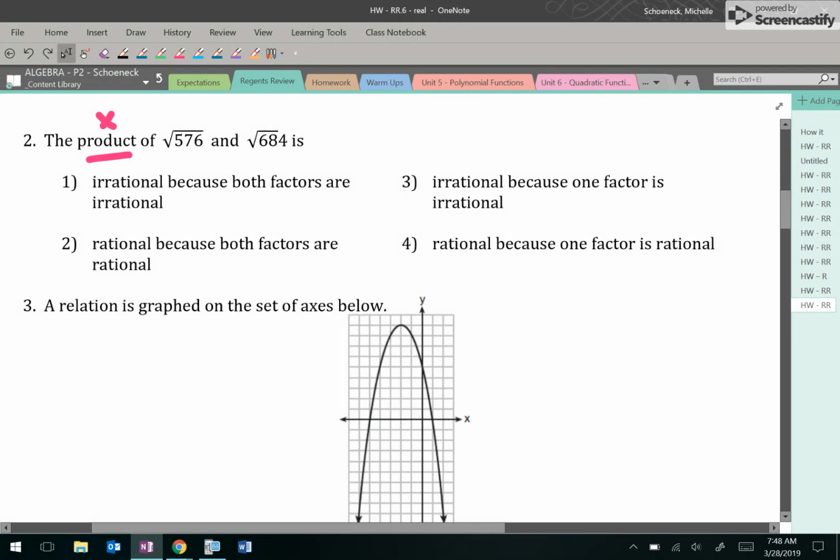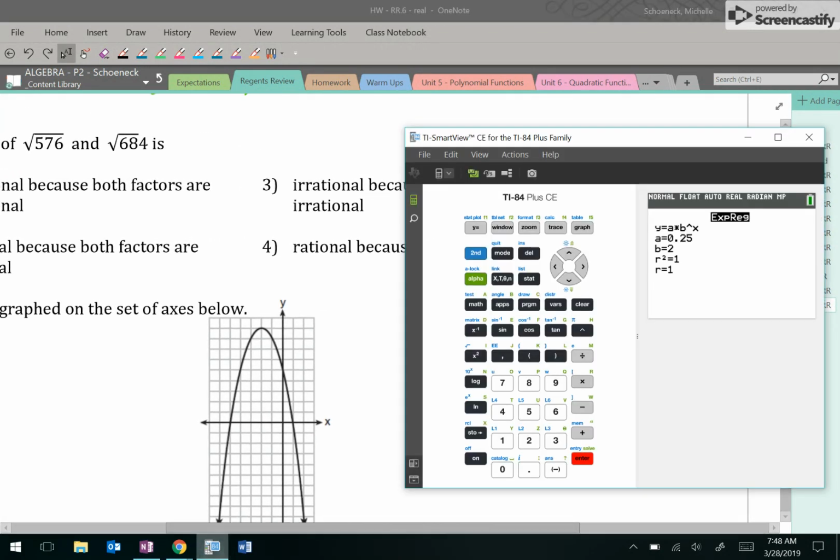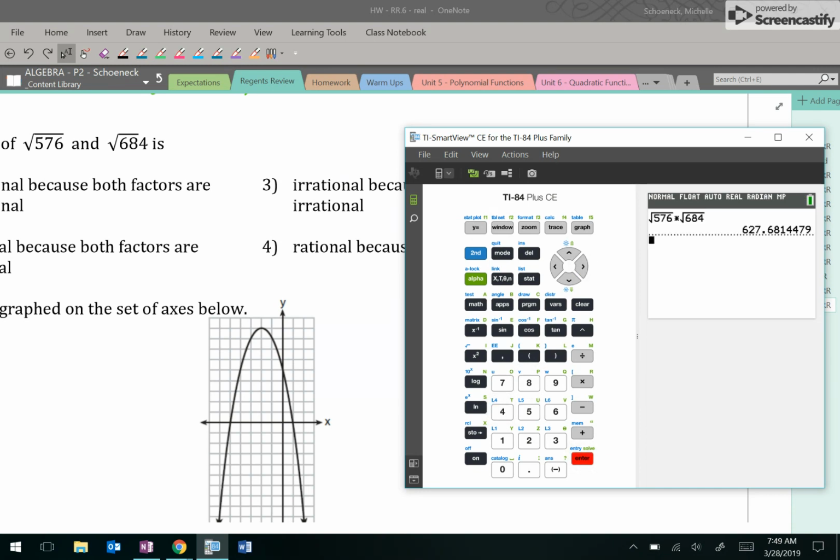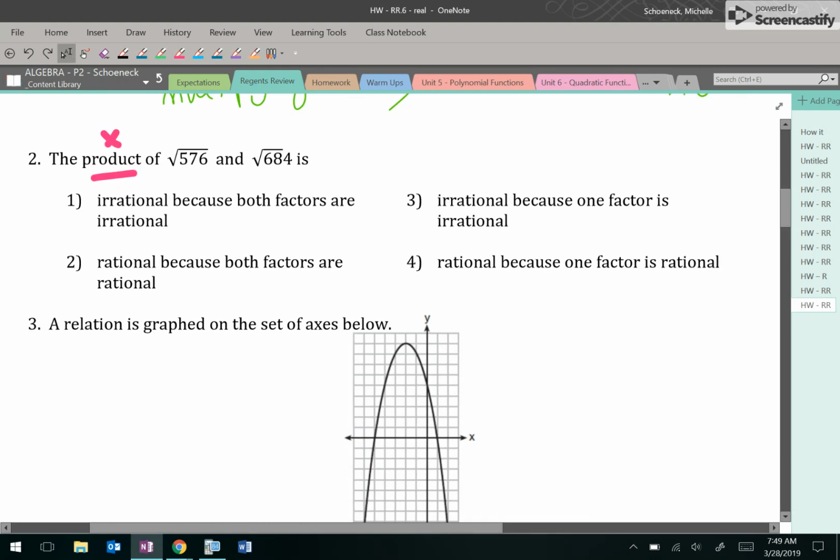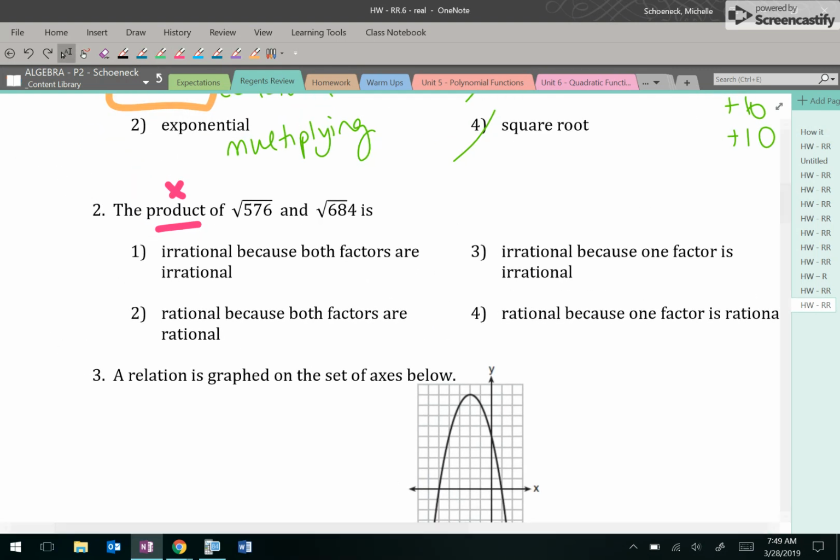So I'm going to go ahead and find out if we have a product of a rational or an irrational number. So 576 times the square root of 684. Enter, and math frac. Remember, if we get a whole number or fraction back, it is rational. So this is irrational. So we can go ahead and cross off the rational options.